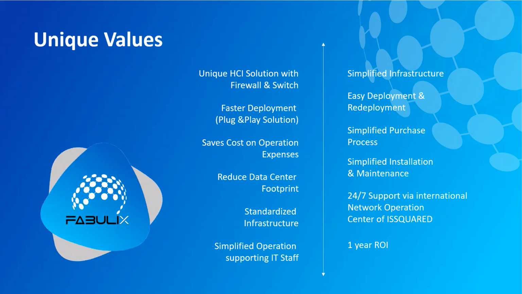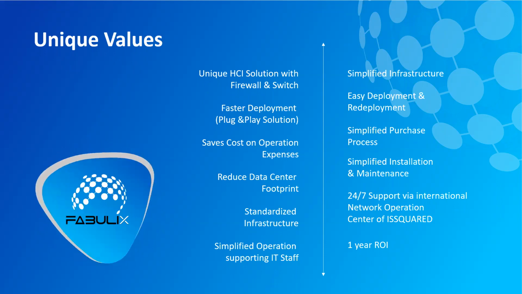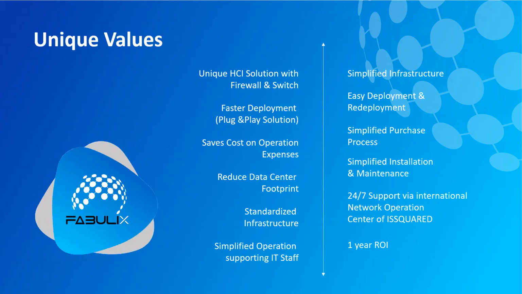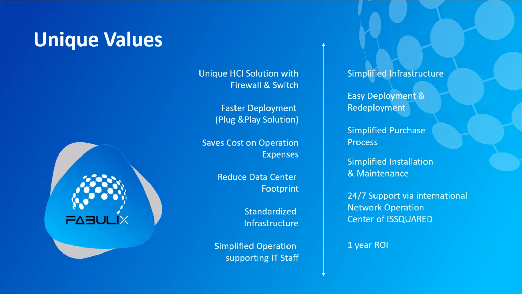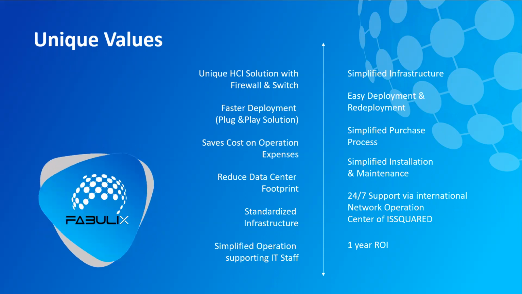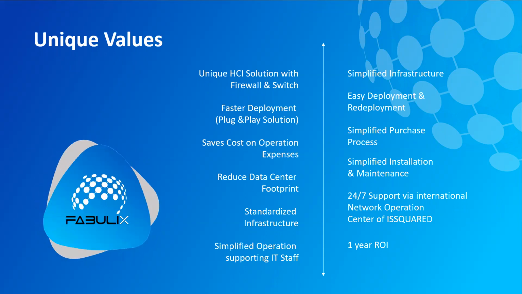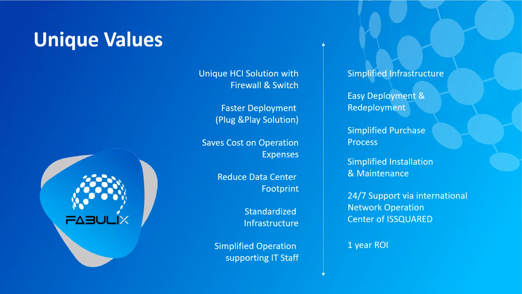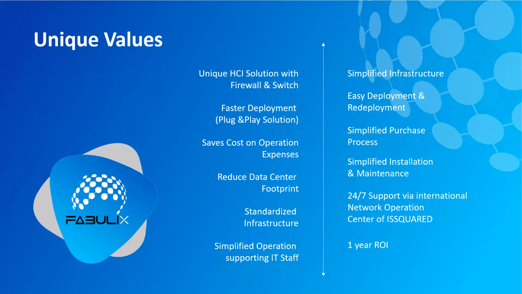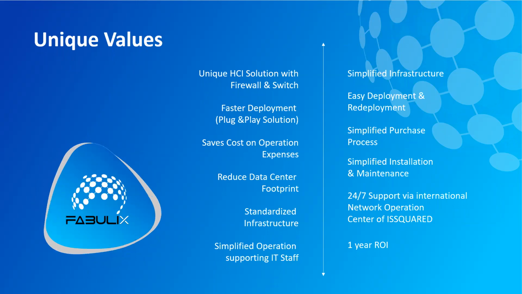Fabulix HCI comes in a single rack with the top of rack firewall and switches and compute with direct attached storage, a single solution provided by Fabulix, and you will get support from the Fabulix team.